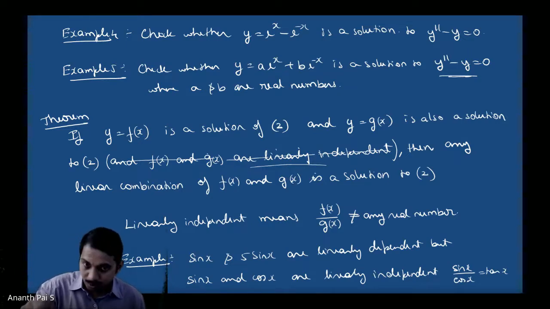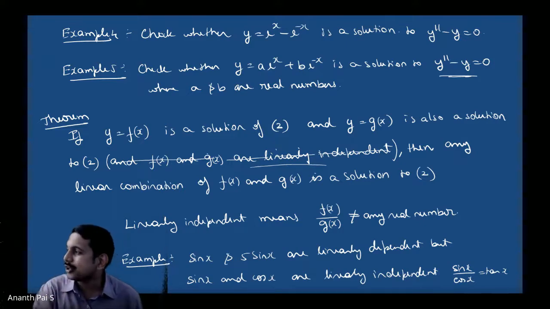So you have to write that and then cut it. Don't think that since I have cut it you will not write it. No, you have to write it. You have to write that f of x and g of x are linearly independent, put it in brackets and then cut it in your notes. Don't say, sir, you have cut it so I will not write. No, it has to be written, because you should know everything on the page.